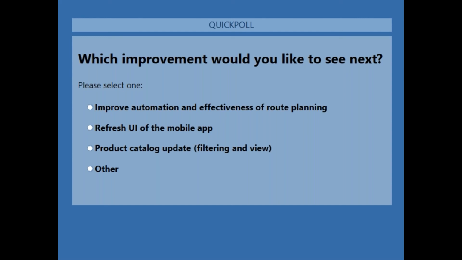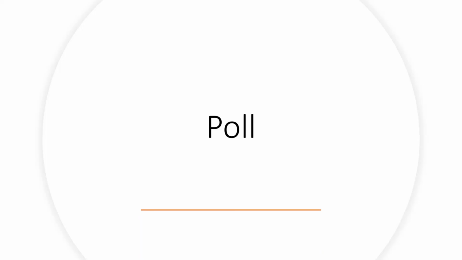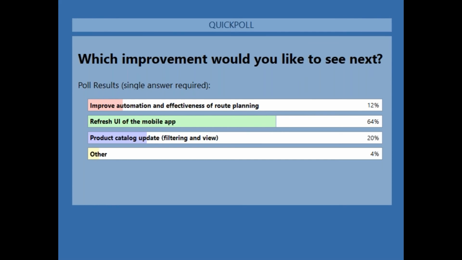Okay, I think we have most of the votes, so I'm closing the poll and sharing the results with you and the attendees. So as you can see, 64% refresh UI, 20% product catalog update, 12% effectiveness and automation of route planning, and 4% some other updates.